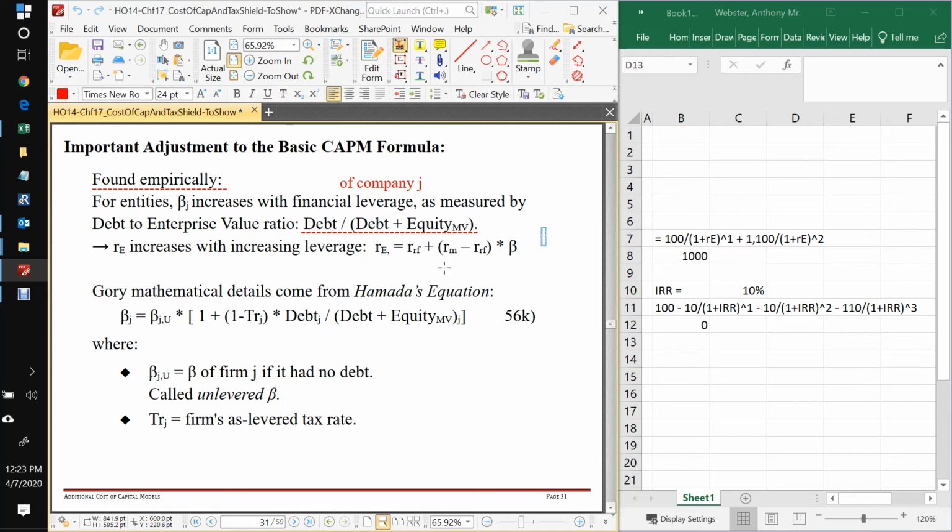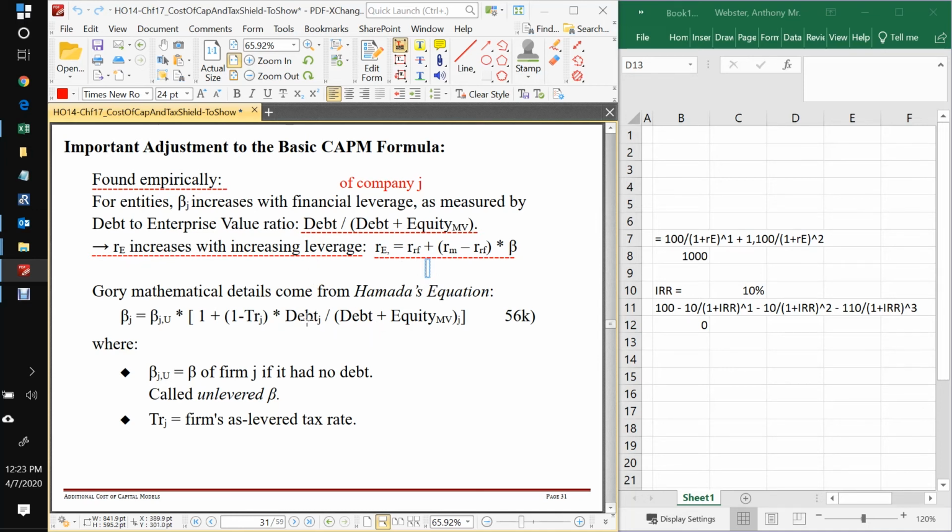And because of that, just looking at the CAPM equation, as beta gets bigger, all else being equal, the cost of equity capital is going to get bigger. So this clearly means that the cost of equity capital increases with increasing leverage, and that makes sense because we've seen from the example of Trump's properties in Atlantic City, and also our cowboys versus conservatives, the more leverage you have, the more risk of going bankrupt you have.